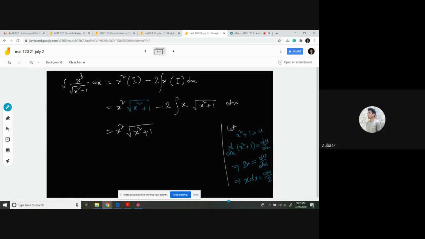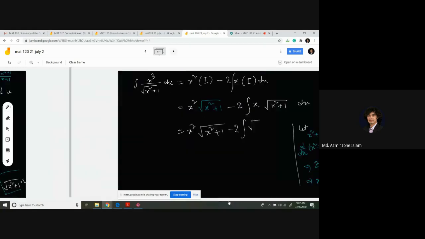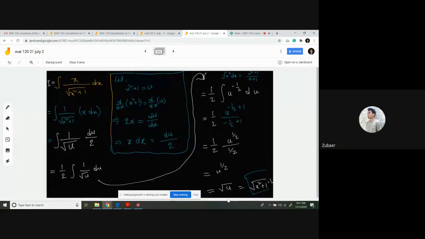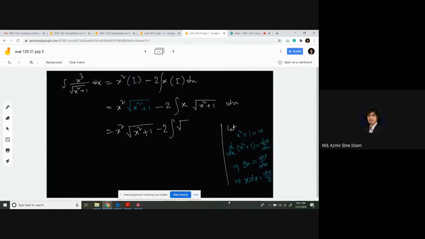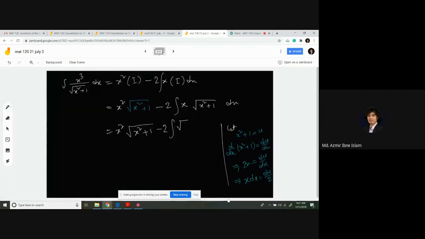Clear? So negative 2, this one can be written as root over, sorry, we have already taken u, right? So let's take w or v, no problem. Since the same part is here, we can also use u.